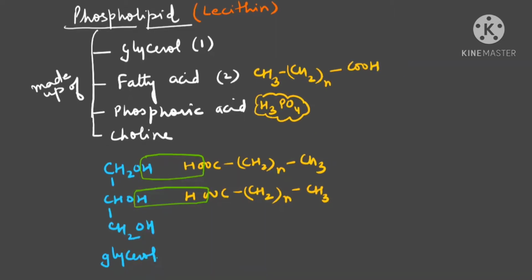So see here carefully. This is P, OH, OH, and this OH. And again, a water molecule is released. So up till here, it is known as phosphatidic acid. Now I have to add choline to it. Okay, beta?